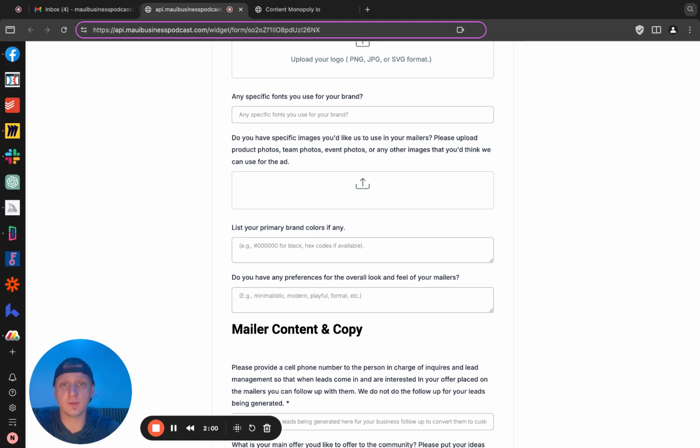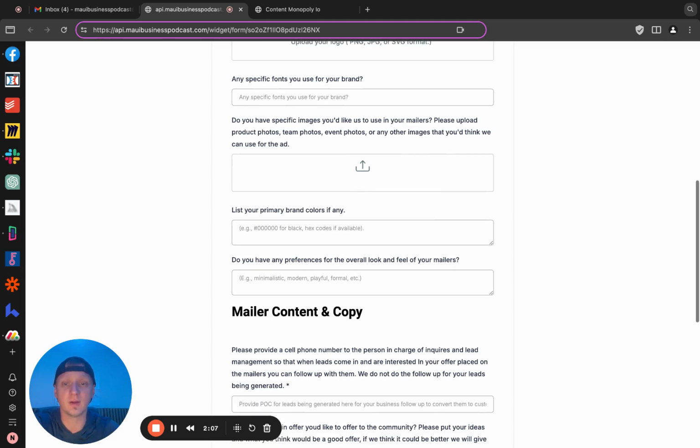Obviously, yes, we can go on Google, do our research, and use a color picker, where we can look at your logo and determine it from there. But it's always going to be easier if you just give us the exact color code, so we can limit back and forth and any edits needed in the future.